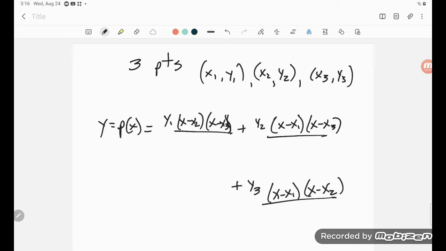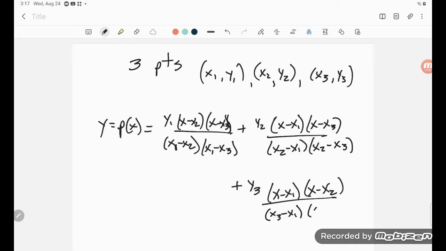And then in the denominator, we just use our x1 so that if we have x1 in here, we get 1. So we do x1 minus x2 and x1 minus x3; x2 minus x1, x2 minus x3; x3 minus x1, x3 minus x2.